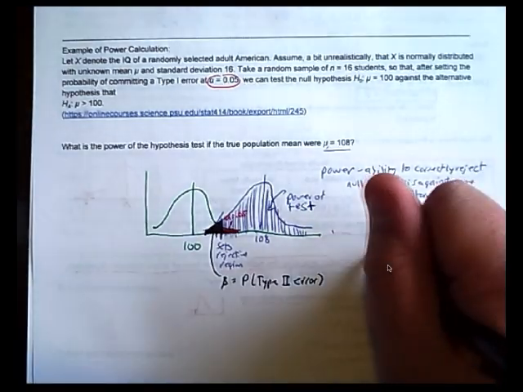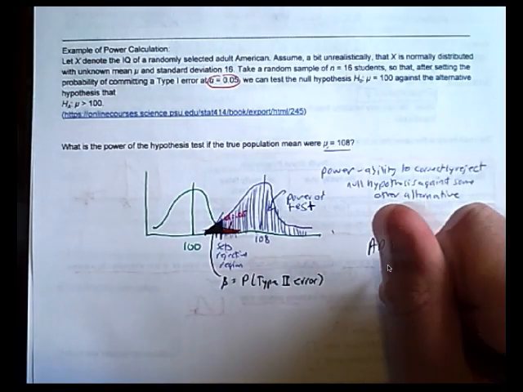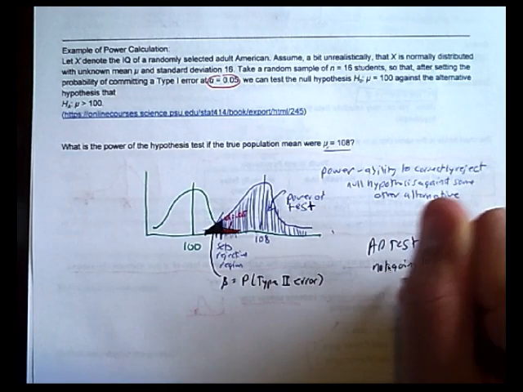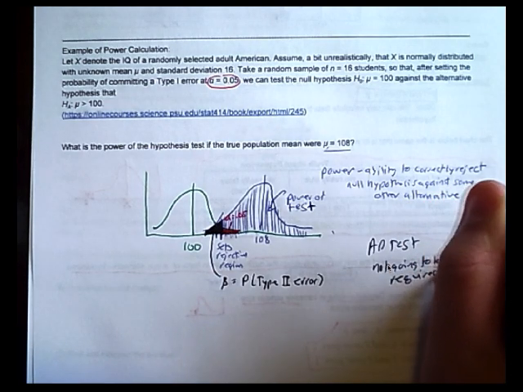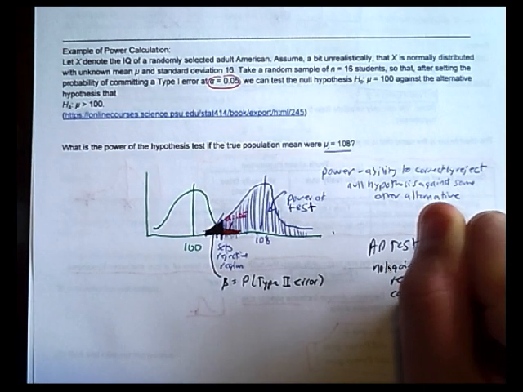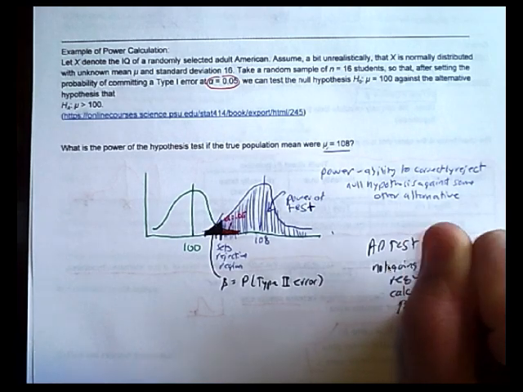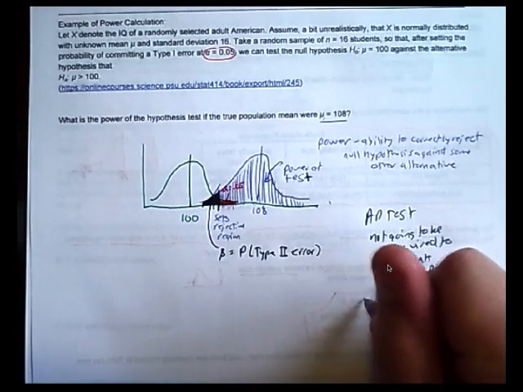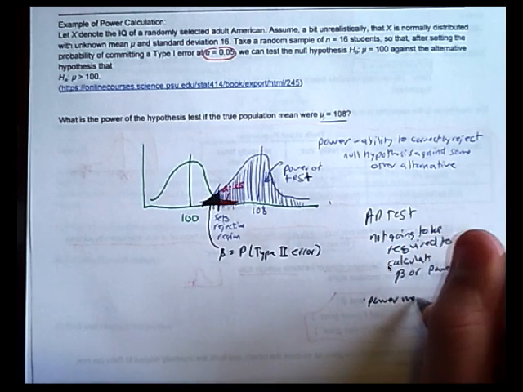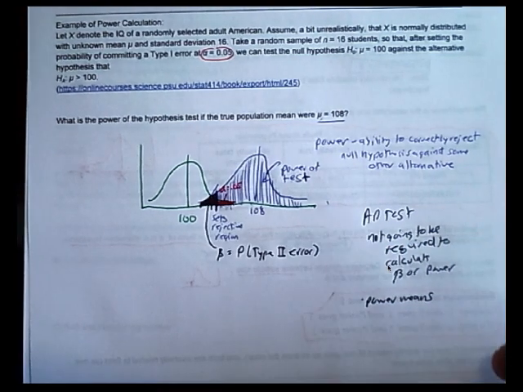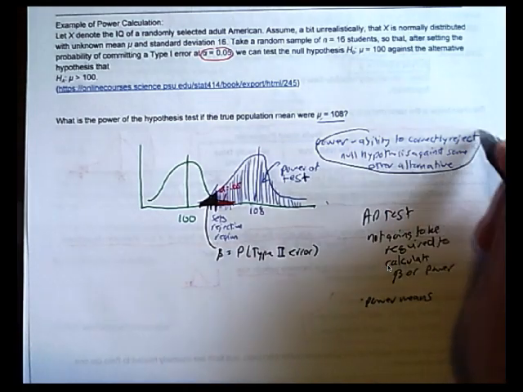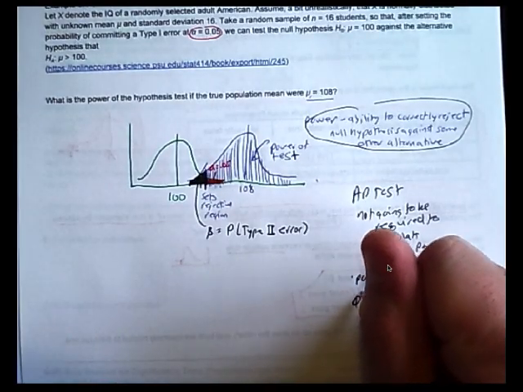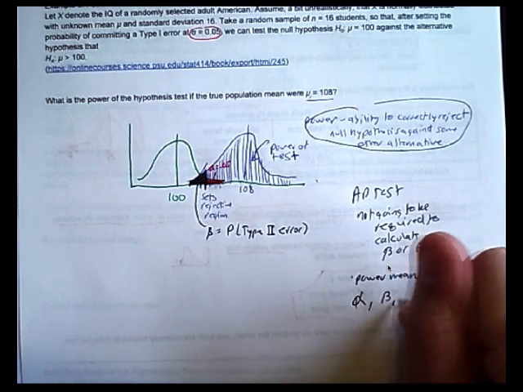Now, on the AP test, you're not going to be required to calculate beta or power. You will have to know what power means, which is this. And you'll have to know the relationship between alpha, beta, and power.